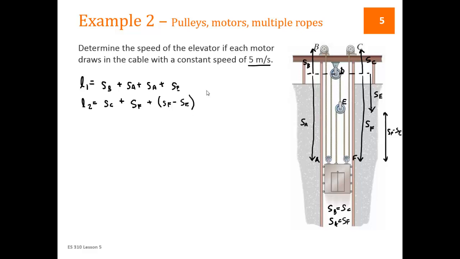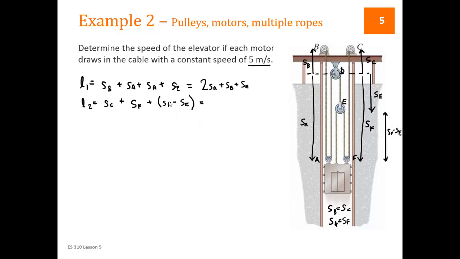Alright, so let's rewrite, we'll combine some things here. So we've got 2SA plus SB plus SE. Here we have SC, which is the same as SB, SF, which is the same as SA.